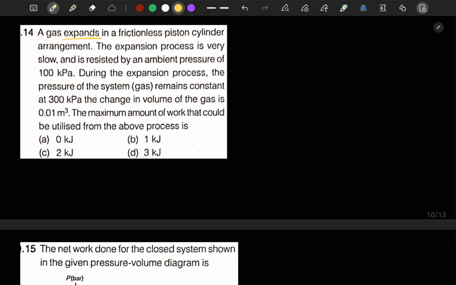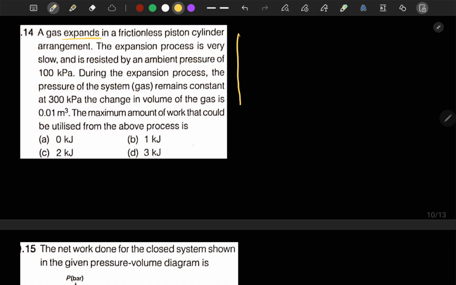Okay, during the expansion process, the pressure of the system remains constant at 300 kilopascal. The change in the volume of gas is 0.01 meter cube. The maximum amount of work that could be utilized from the above process is. Okay, so it is asked to calculate the net work done that we can obtain.